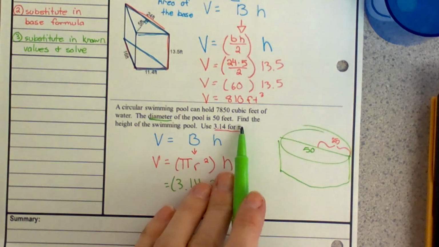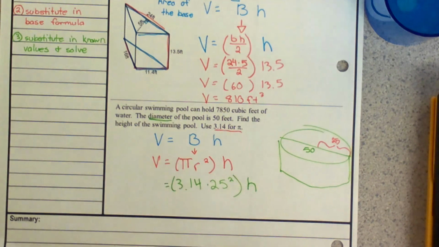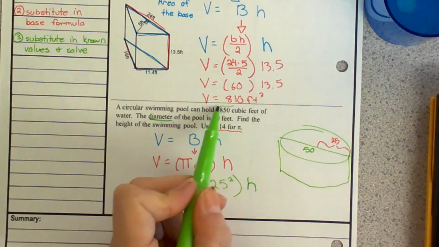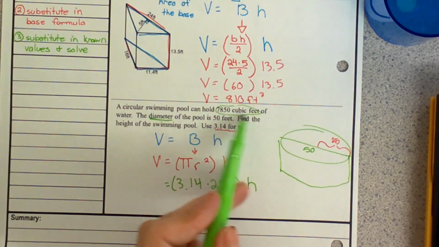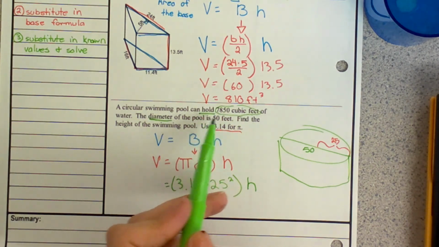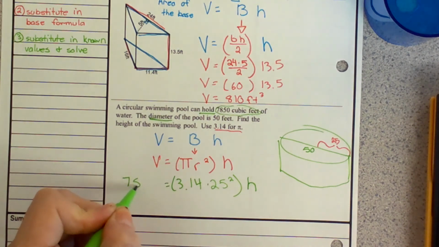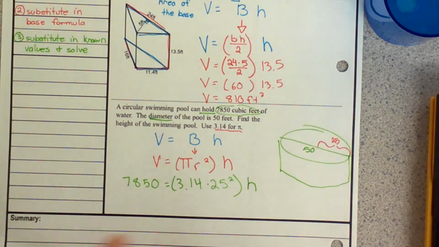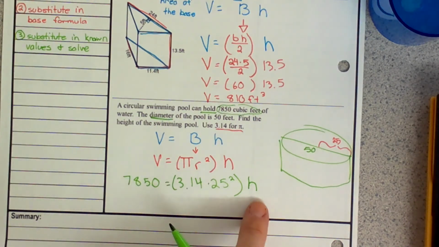Now, if we reread the question, it says find the height. So I don't know what this is, and the only other number I know is 7,850 cubic feet. That is a hint. It says the pool can hold that much water, so that is my volume, 7,850. So we need to do this not to find the volume, I know that, but to find my height.